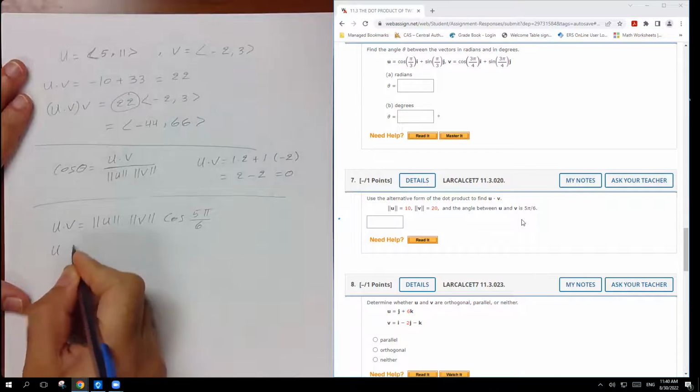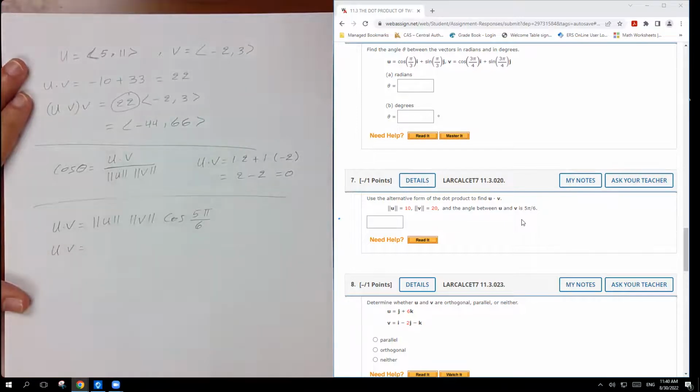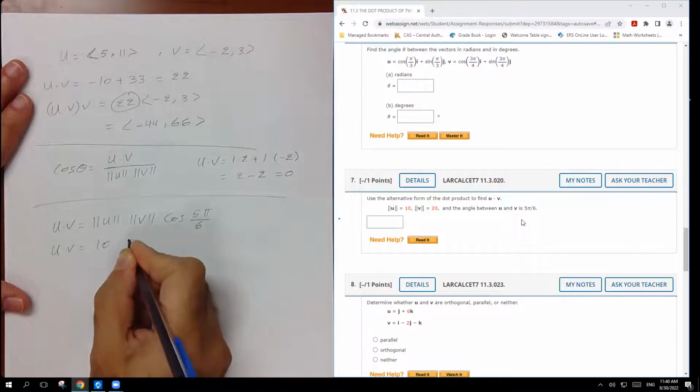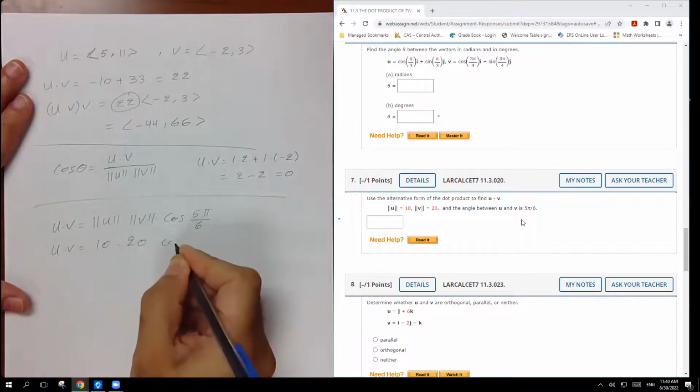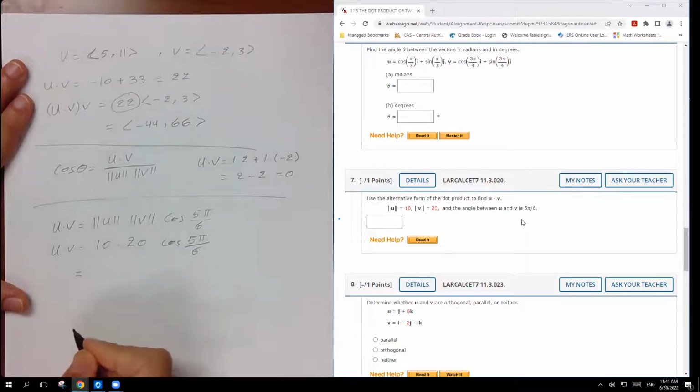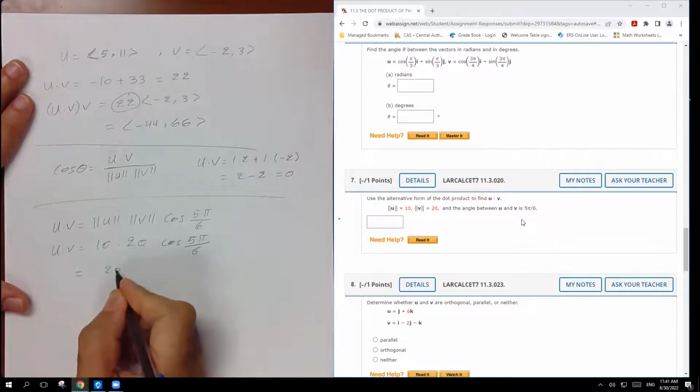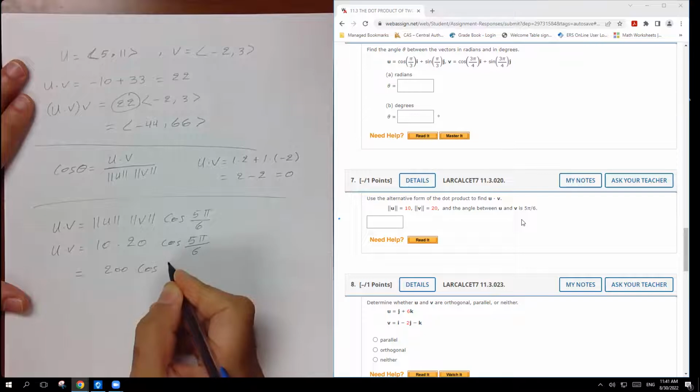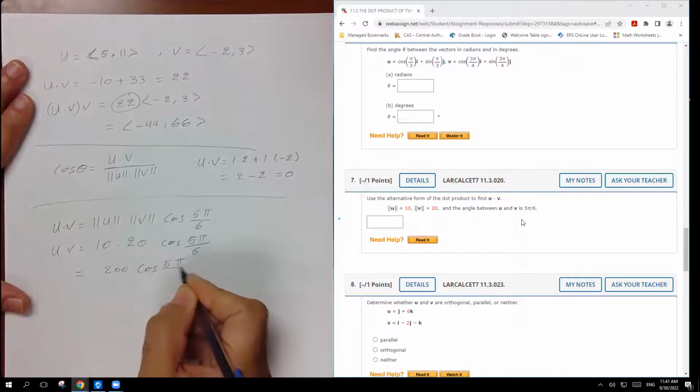So u times v is going to be the length of u, which is 10, times the length of v, 20, cosine 5 pi over 6. So it's going to be 200 cosine 5 pi over 6.